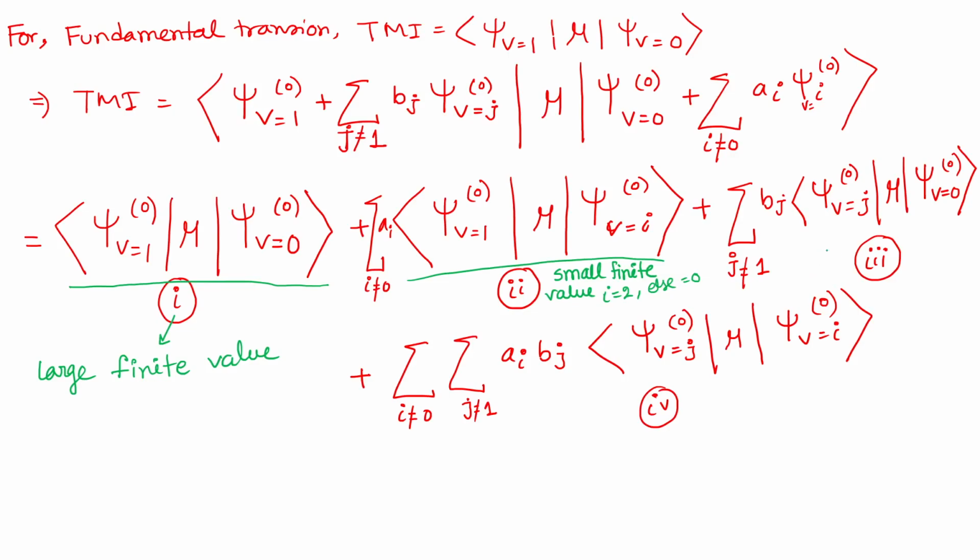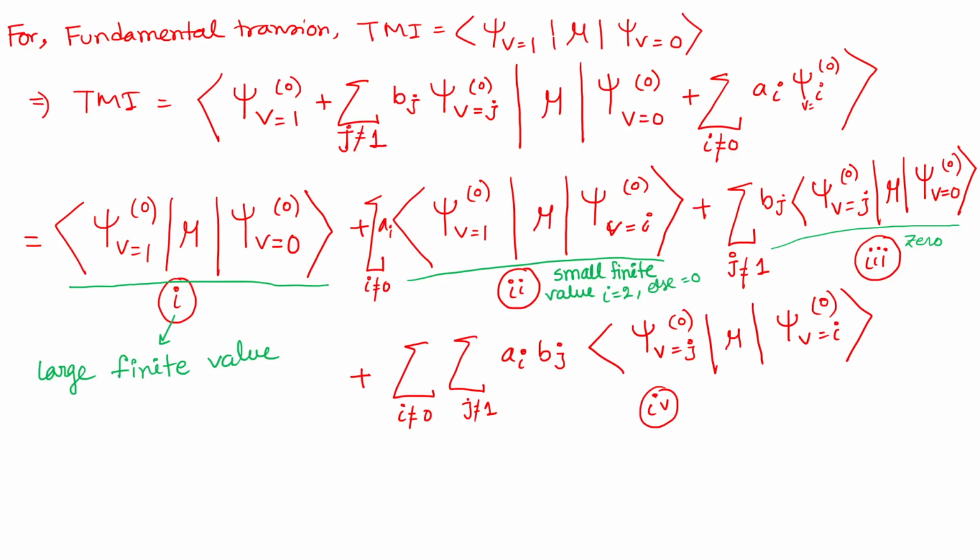Now let us go to the third integral. What we are getting here is that we are multiplying this integral with a smaller quantity bj, but j cannot be 1. Your j can be 0, then again the same problem, anti-symmetry. Your integral is anti-symmetric, so it is 0. What about j equals to 2? If your j is 2, then delta v equals to plus minus 1 is not valid anymore, so it is going to be 0 anyhow for all in this case.